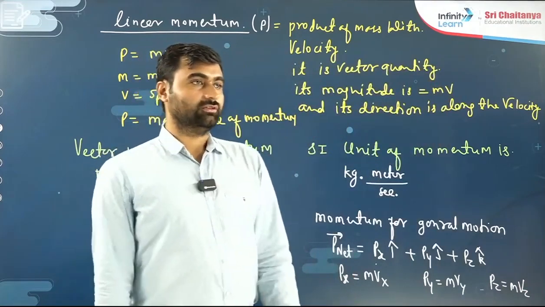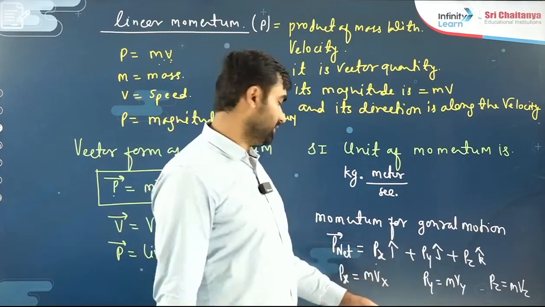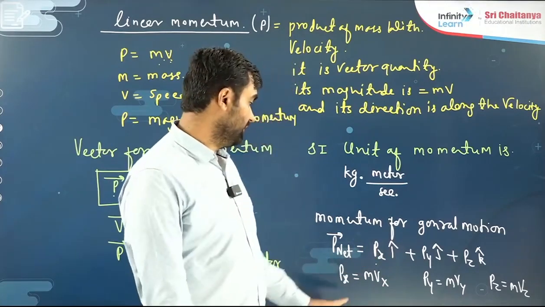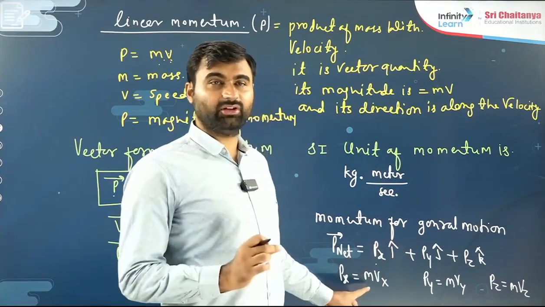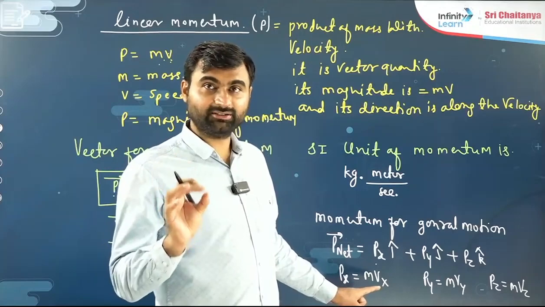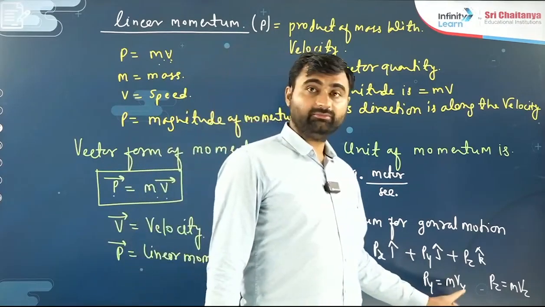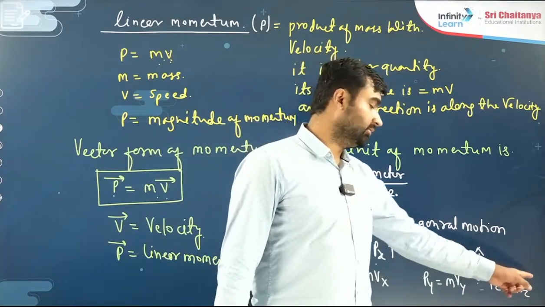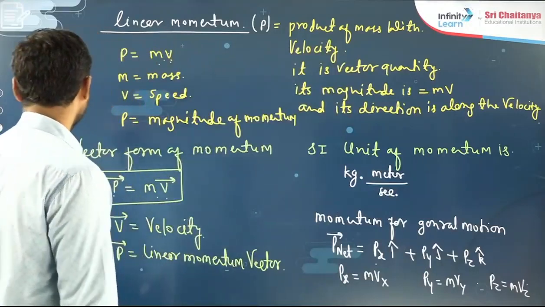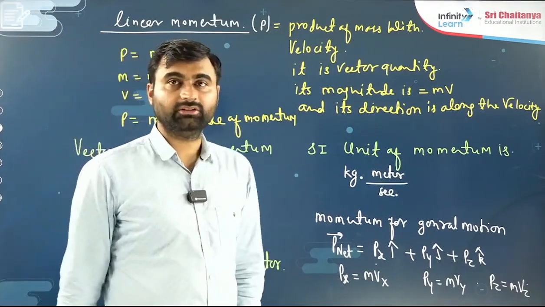Here px means we have to take the x direction velocity, so mass multiplied with x direction velocity. In mass, we have to take the complete mass. Don't think that in mass there is x, y, z. No, in mass, complete mass. mvx, m y direction velocity, m z direction velocity. Clear? Okay, so we understood about momentum.